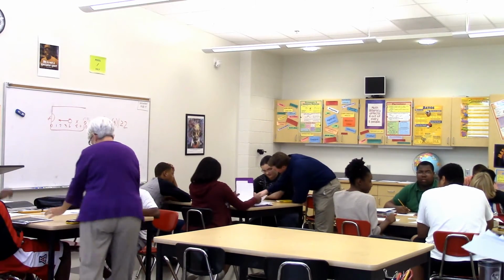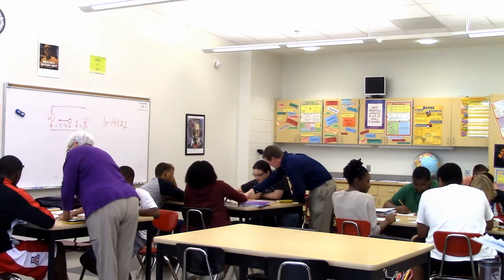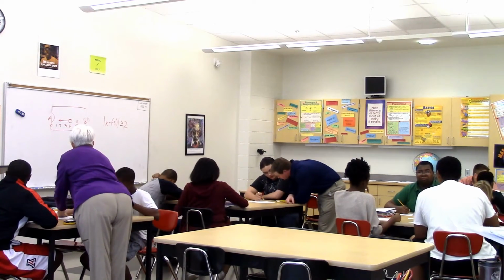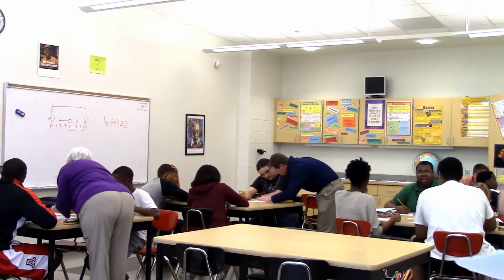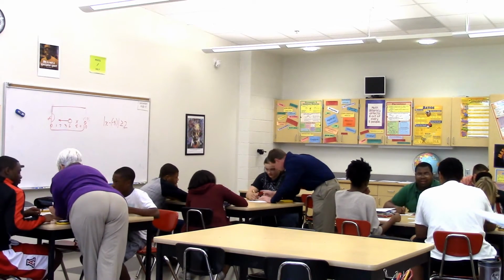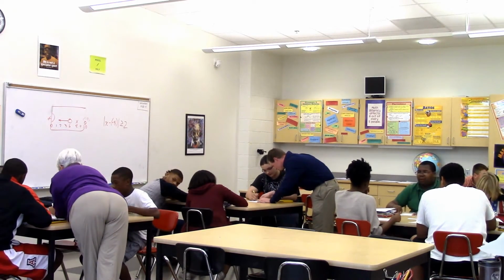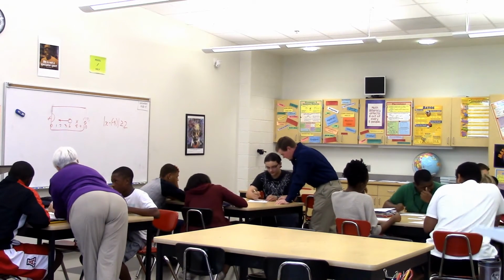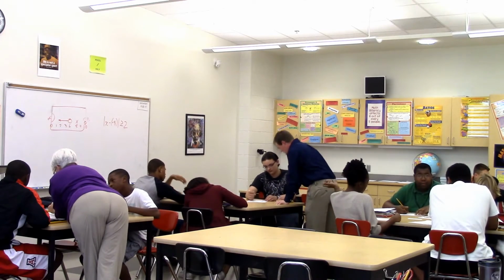Well, listen, there's an offensive player at negative 5, okay? And the defensive player must be less than 1.5 away.